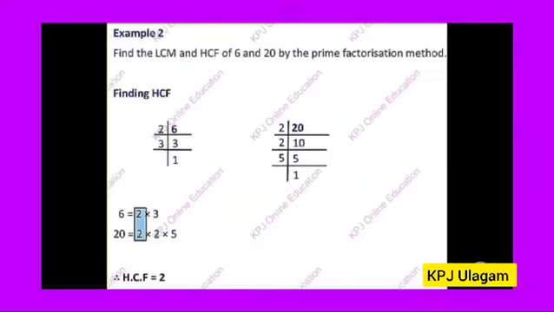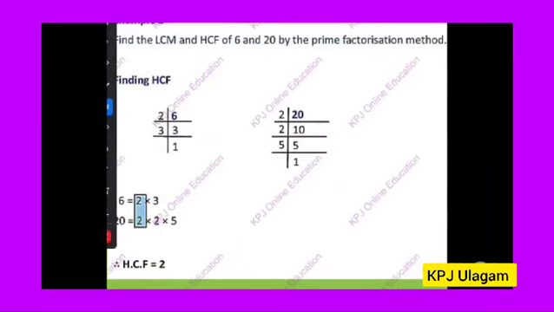So now we are going to find the HCF for the numbers 6 and 20. If I divide 6 by 2, my quotient will be 3. Again I am dividing by 3 to get 1. When I get 1, I can stop. Then the next number, 20, divided by 2, I get 10. Again I divide by 2 to get 5. Again I can't divide by 2, 3 or 4, so I am going with 5, and I get 1.